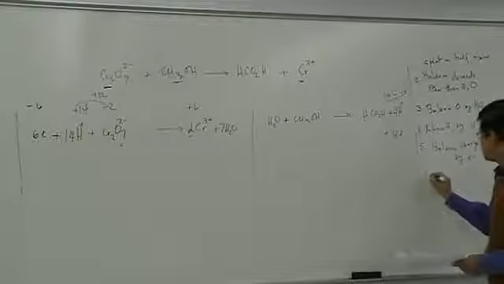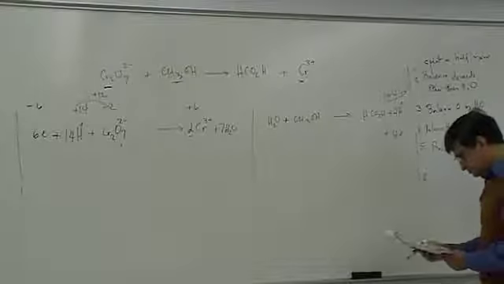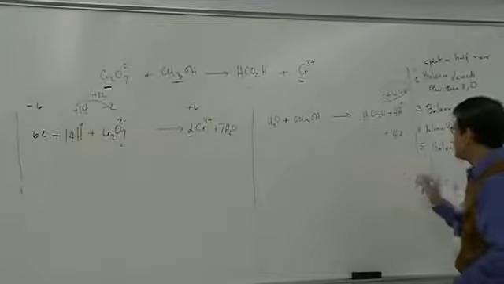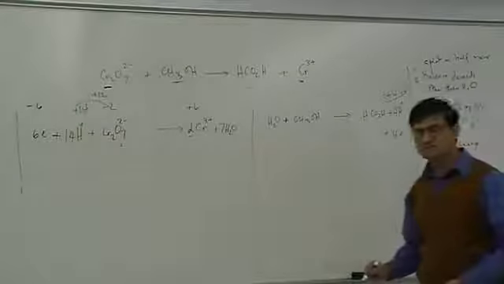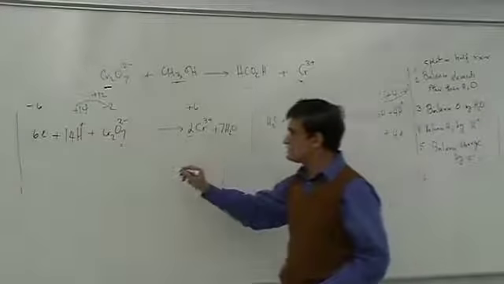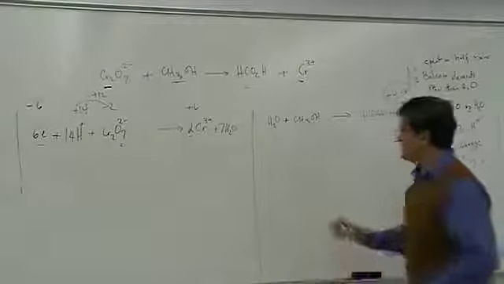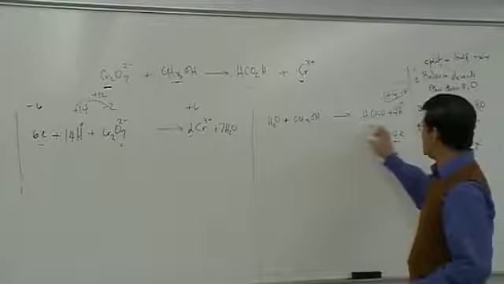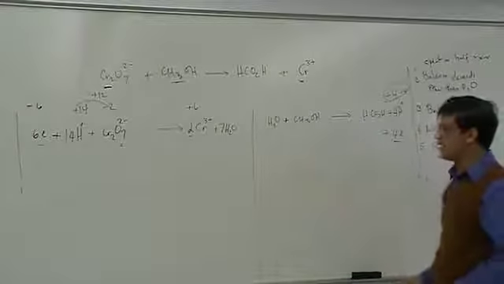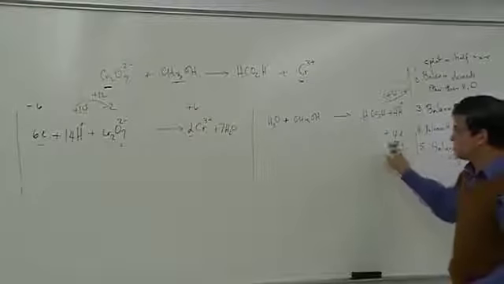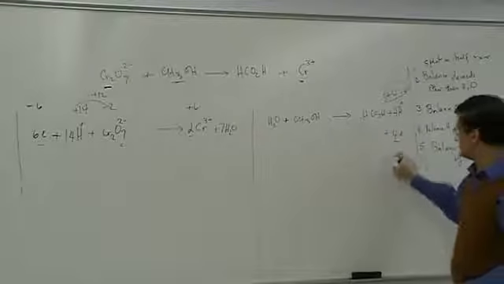Next step is step 6. You need to now balance both half reactions in such a way that the number of moles of electrons are the same. Because one half reaction is giving up electrons, the other half reaction is absorbing electrons. There cannot be a mismatch, so it should be the same number.